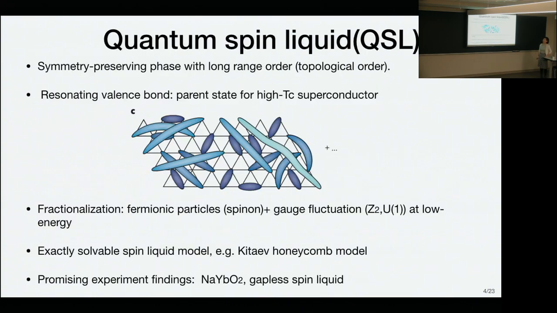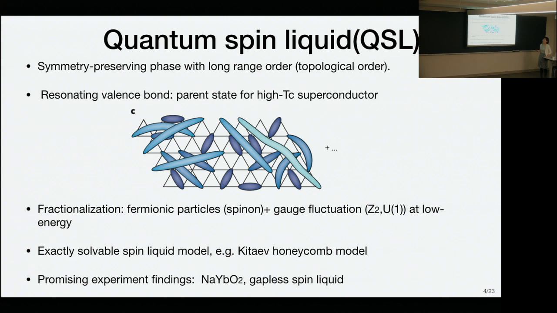And a more exotic state in these 2+1D quantum magnets is the so-called quantum spin liquid, where the spins don't order even at the lowest temperature. However, they behave collectively. Namely, there is sometimes hidden long-range order, such as topological order, in the system.